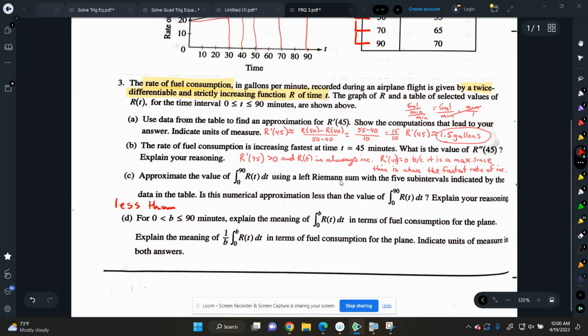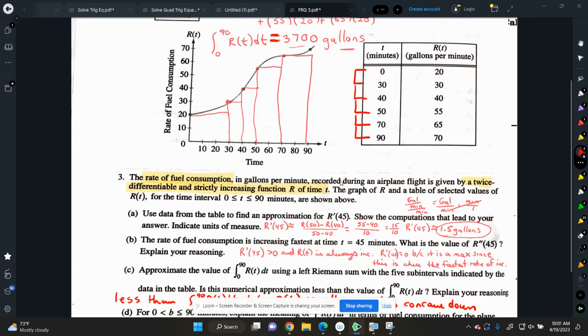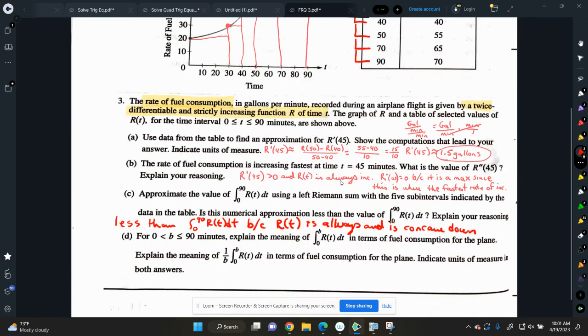We're going to say that this is less than the actual integral because R of t is always increasing and concave down. Okay. Oh, it's not always concave down, so don't say that. Just say it's always increasing.